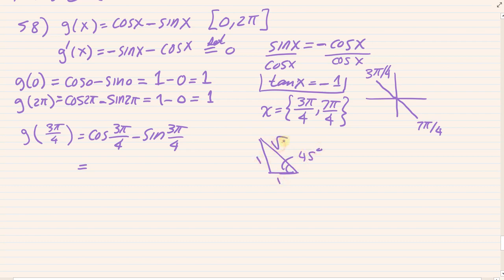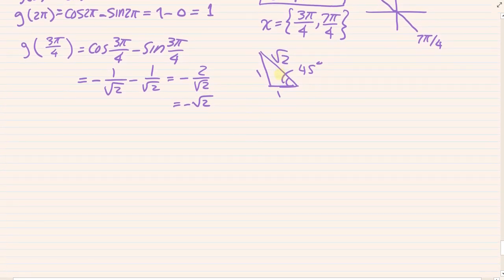That's 1 over root 2. So cosine is going to be negative, because we are in the second quadrant: negative 1 over root 2. Sine is going to be positive 1 over root 2. You get two like terms, so it's negative 2 over root 2, or just negative root 2, right? That's what it turns out to be.